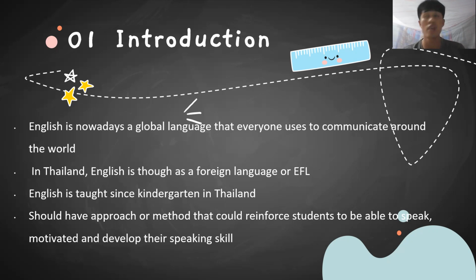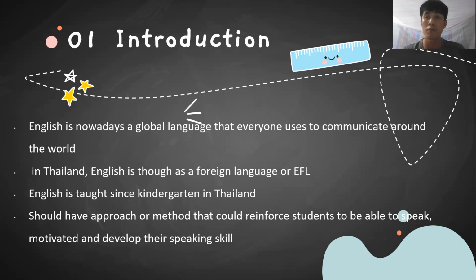So it is challenging for teachers to improve the English skills of the students, to provide an approach or method to develop their English skills, especially speaking skill for Thai students. Some people still think that speaking English is overacting behavior.